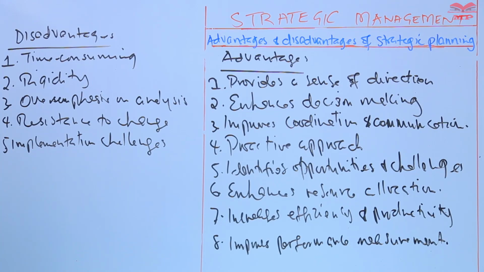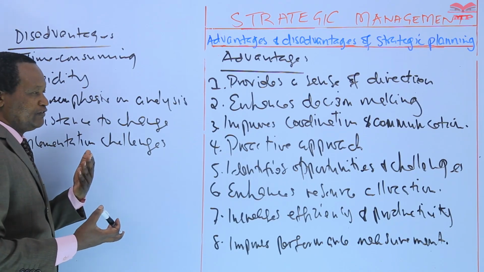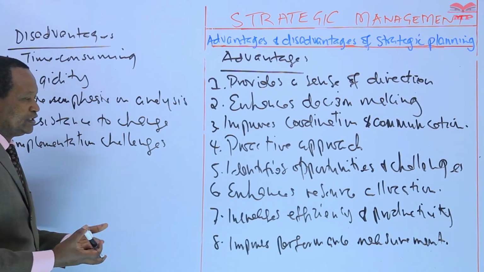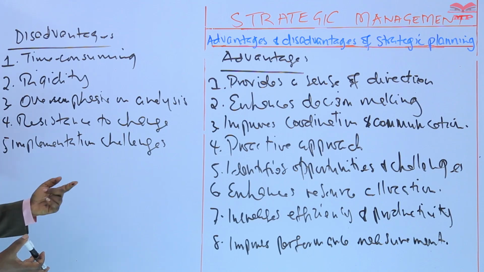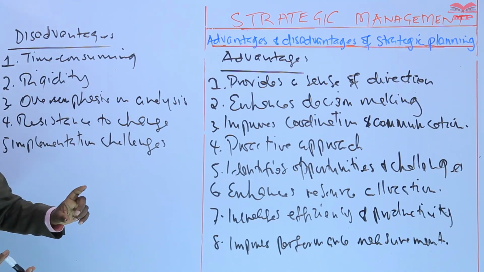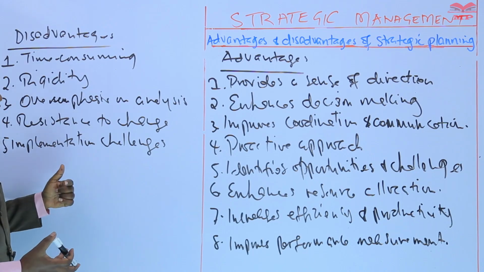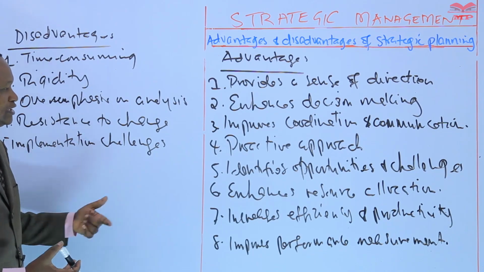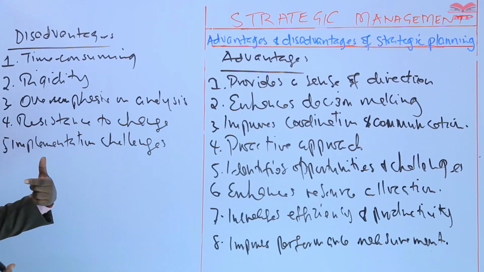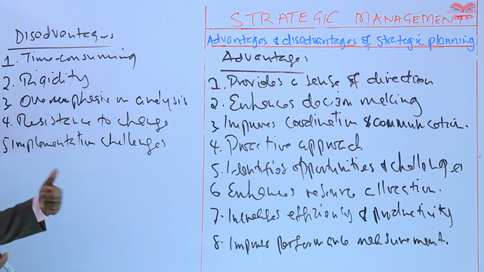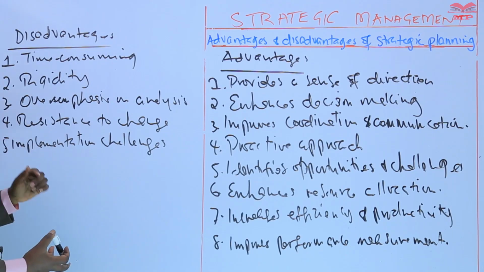It could also be as a result of inadequate or ineffective leadership and so on. It's one thing to have plans, but another thing to implement them successfully. So there could be challenges with implementing, which could arise as a result of inadequate leadership, poor communication, and so on.